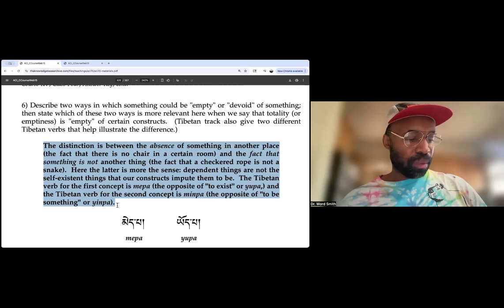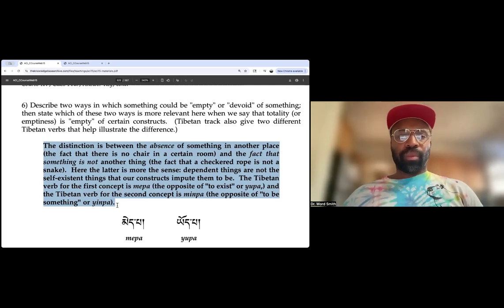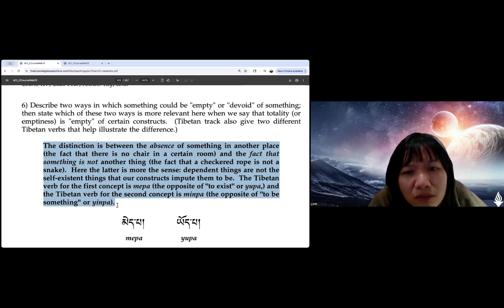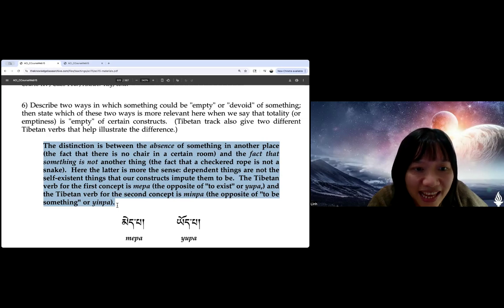Lynn, read this. The distinction is between the absence of something in another place, the fact that there is no chair in a certain room, and the fact that something is not another thing, the fact that a checkered rope is not a snake.